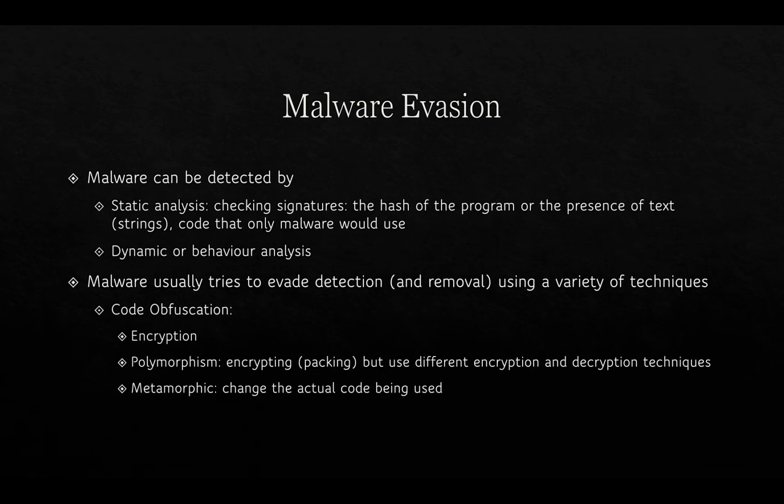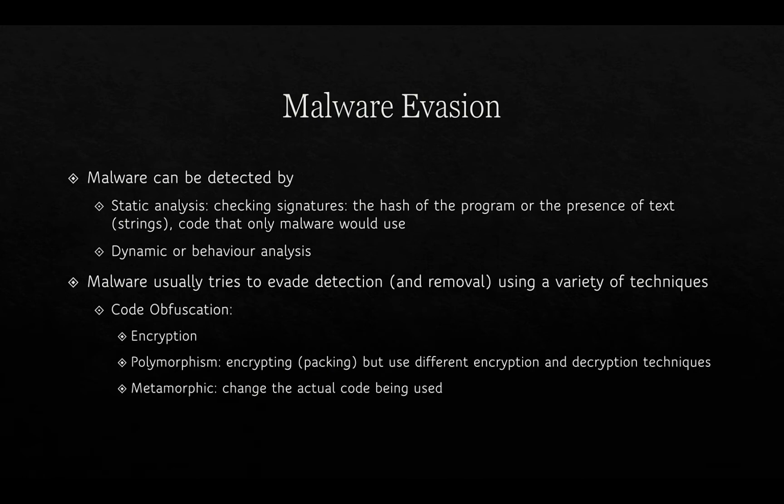So malware itself usually tries to evade detection and removal by using a variety of techniques. One technique is to obfuscate code so that it can't be analyzed, and that may involve using encryption. Another approach is what's called polymorphism, which is encrypting or packing, but using different encryption and decryption techniques.